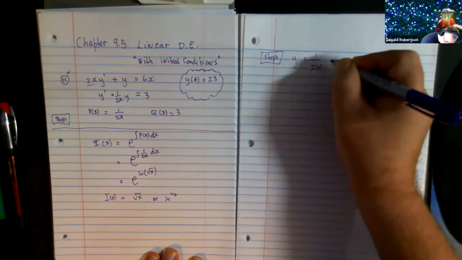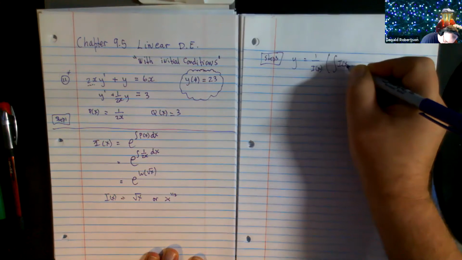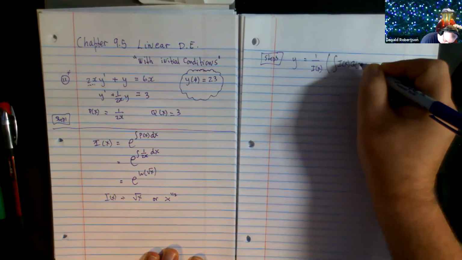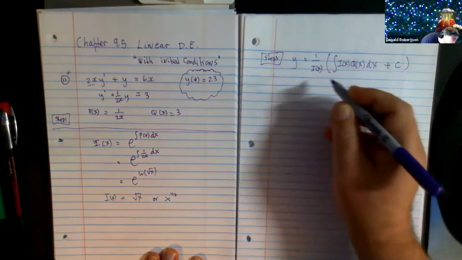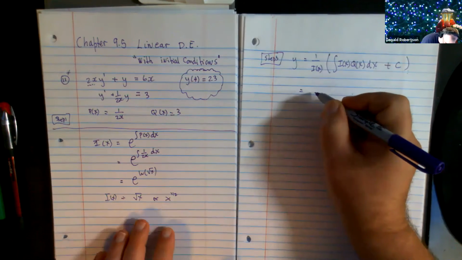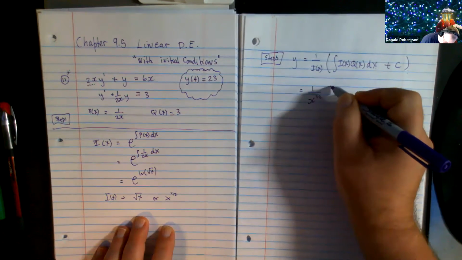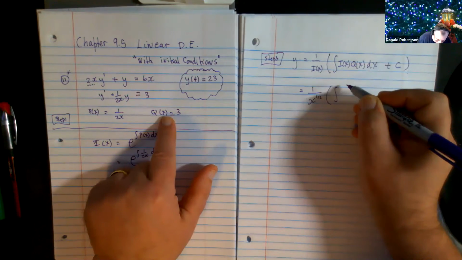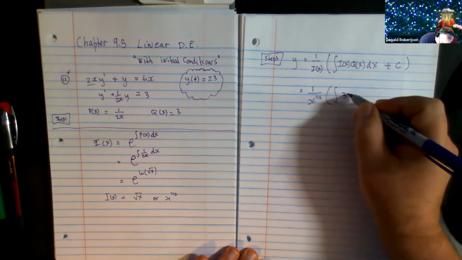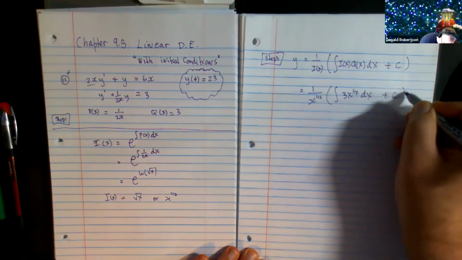One over this, the integral of this, that's c. So it's going to be 1 over, I don't know, I think I'll call it x to the half. The integral of, well, 3 and x to the half, so I guess you just get that. Add c.